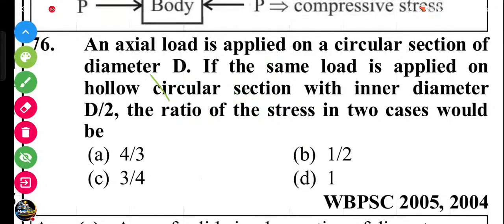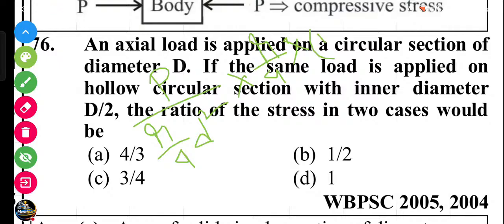Sorry friends, this is under pi by 4 D square, and this is pi by 4 into D square minus (D by 2) square, with P. Because this is the ratio sigma 1 by sigma 2, it gets inverted.